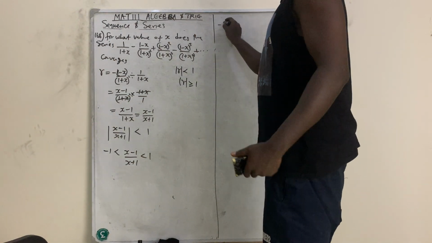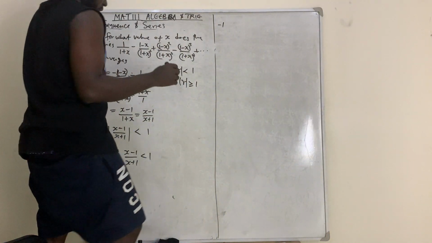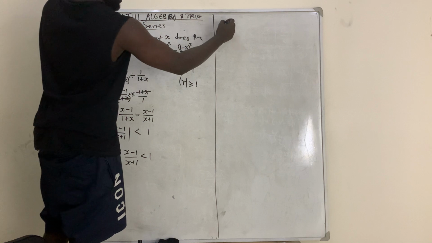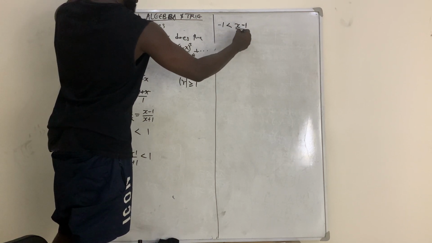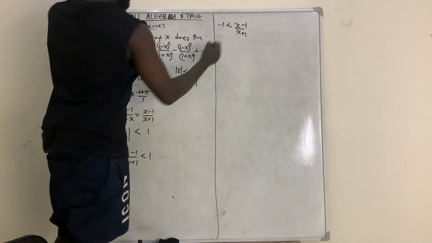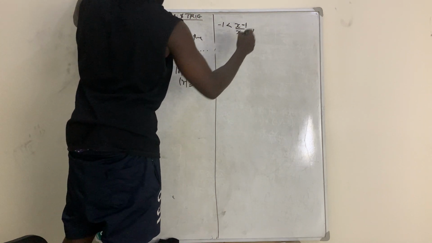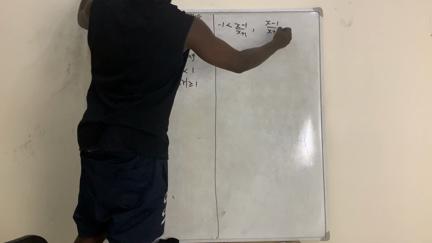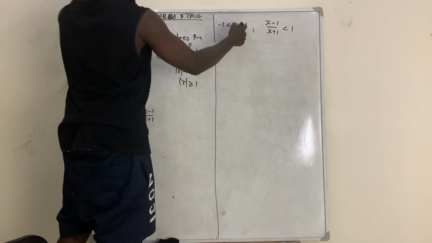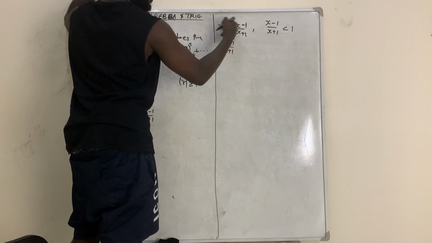So you have that minus 1 is less than (x minus 1) over (x plus 1). Then you will say that (x minus 1) over (x plus 1) is less than 1. Now, let me write this one first: (x minus 1) over (x plus 1) greater than minus 1.